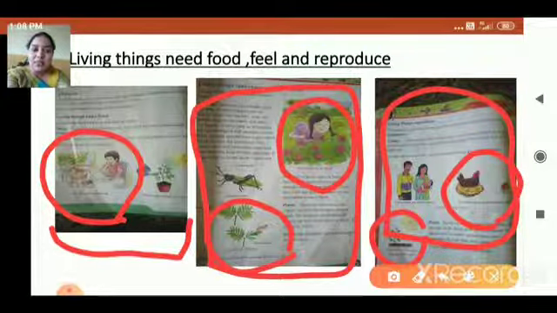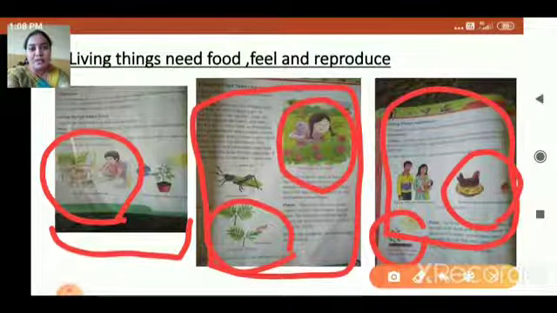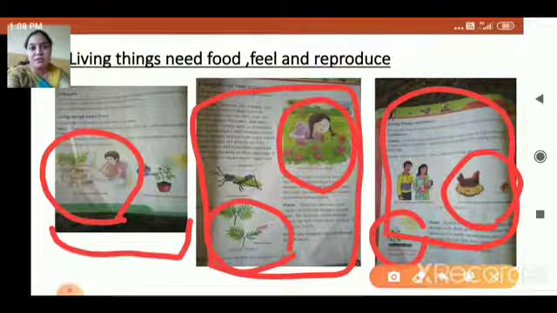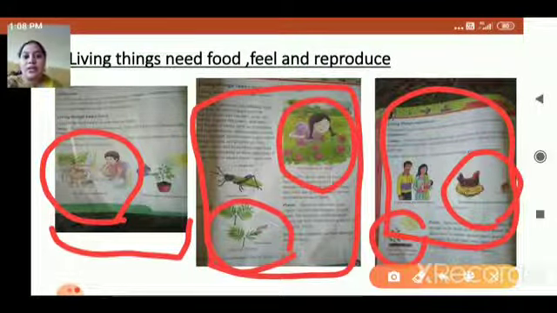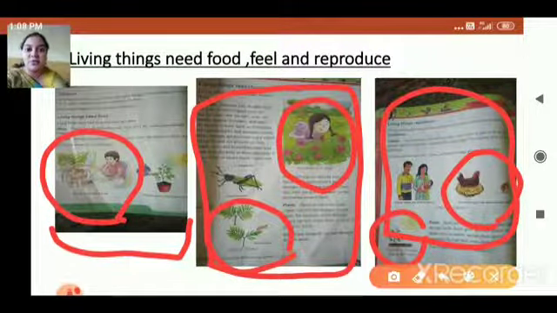So these are nothing but the reproduction process. As I said, reproduction is nothing but the process where the living things or living beings reproduce their own kind into multiple forms. Here are the three main features you studied.